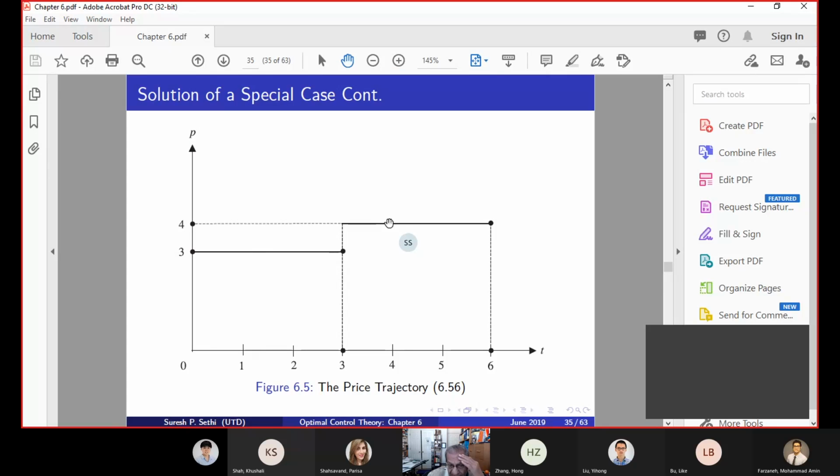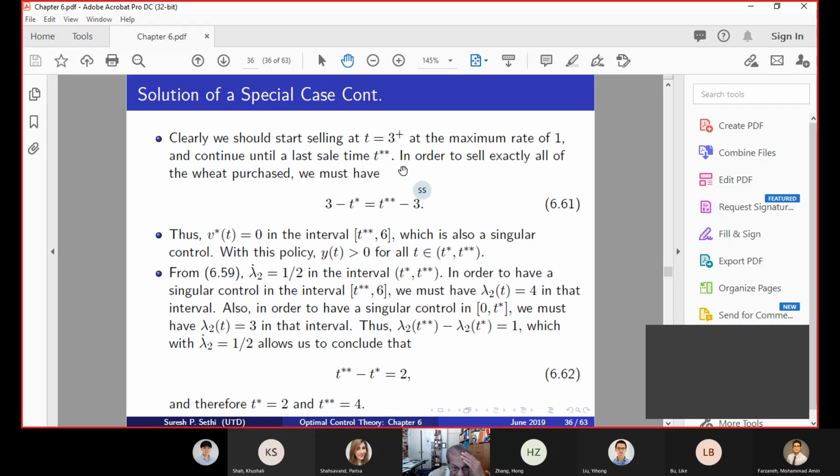I should get rid of all the wheat, because if I don't, I'm only losing holding cost, and the value of the wheat will stay at 4 per unit. So whatever I buy, I must sell. That's what I'm trying to say.